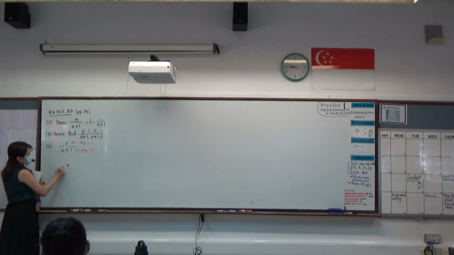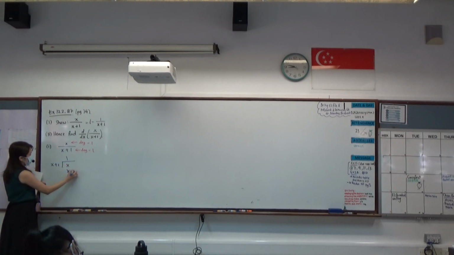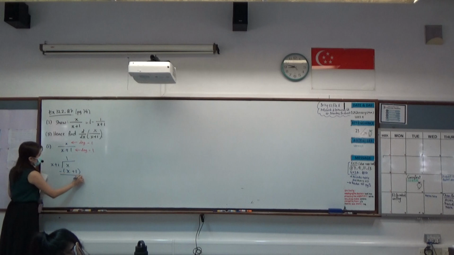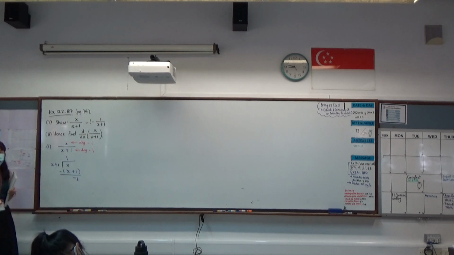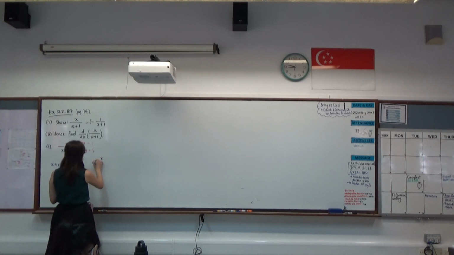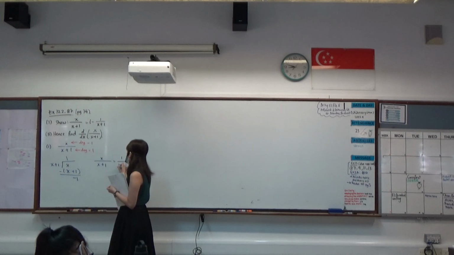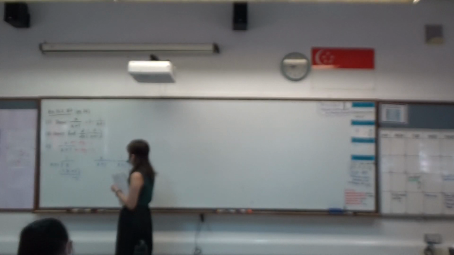So we are taking x divided by x plus 1. It will be 1, and then x plus 1, so we are left with negative 1. It's a very short long division that we're doing.